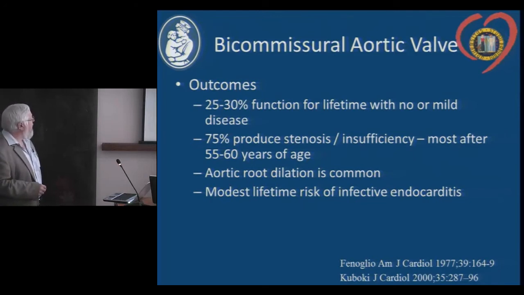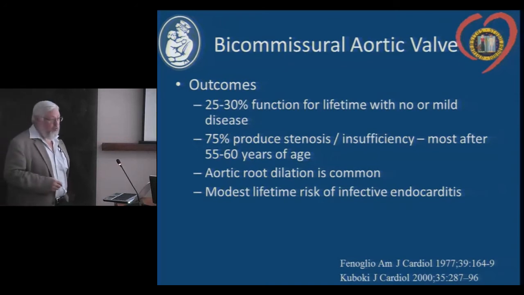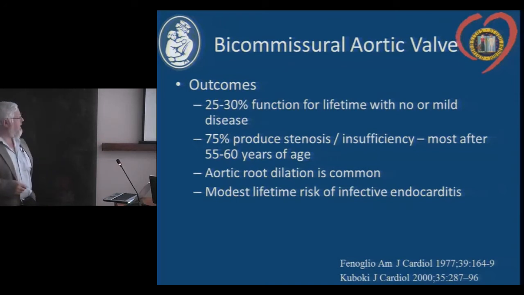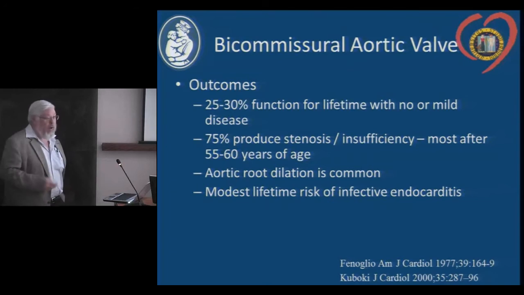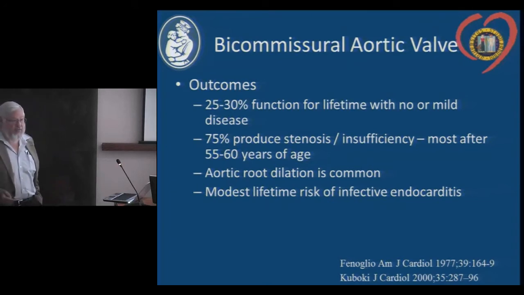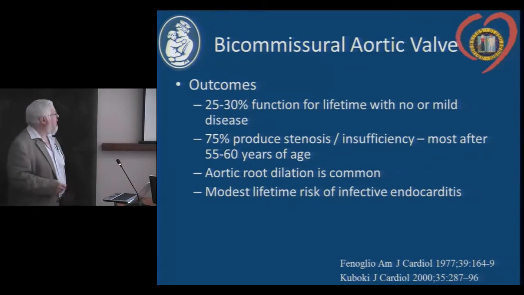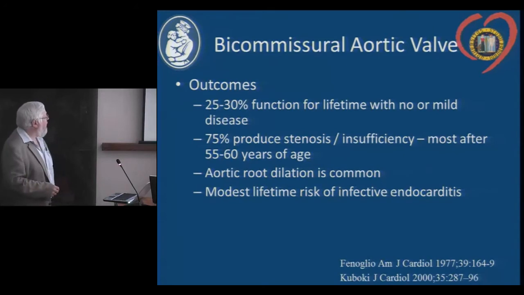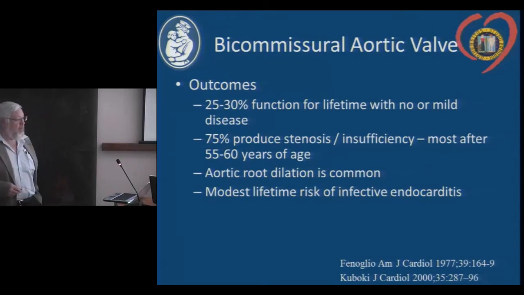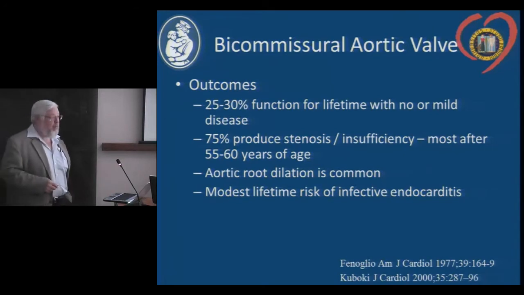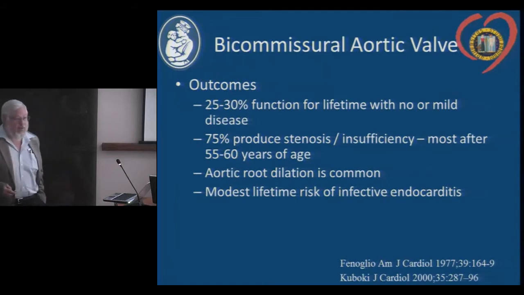But that means that about 3/4 of bicuspid aortic valves produce enough valve disease, either aortic stenosis or insufficiency or both, so that the valve requires some kind of intervention, and that's often a valve replacement. Usually this does not occur before the 6th or 7th decade of life. It's uncommon for an isolated bicuspid aortic valve to cause a lot of trouble before that.